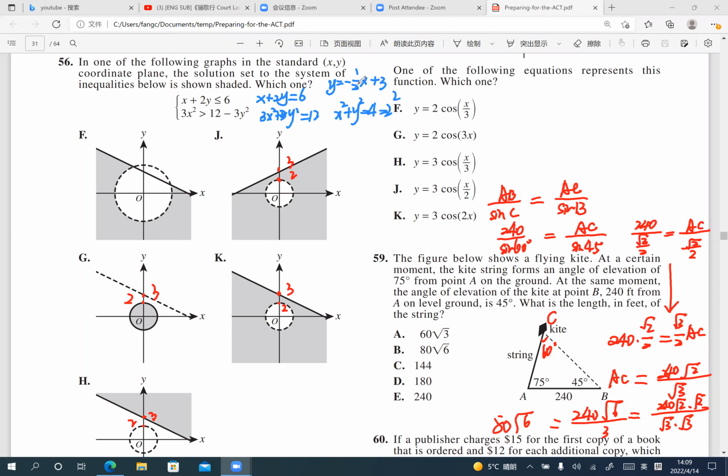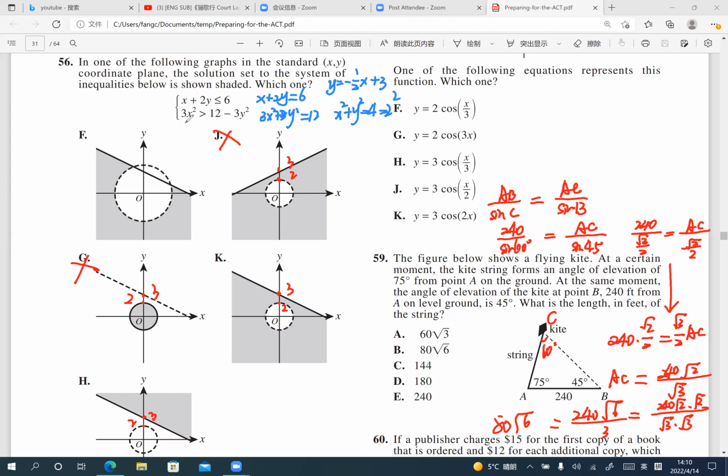Since the slope is negative, we should eliminate option J. Continue. Since the first inequality is less than or equal to, we should not use a dashed line to draw the boundary line. So we should eliminate option J.